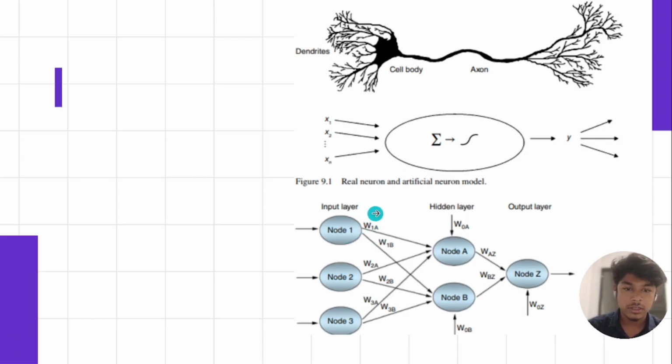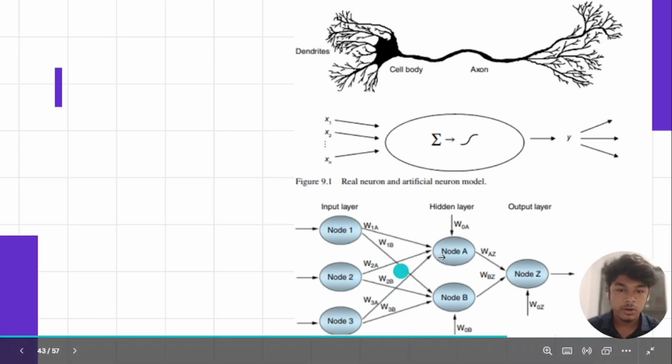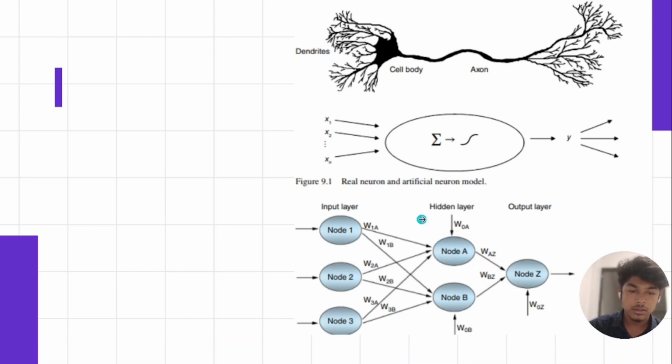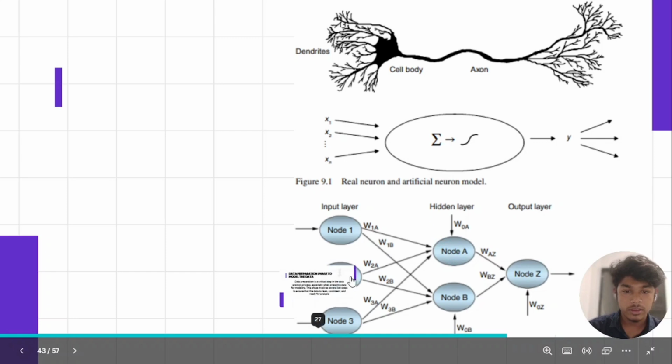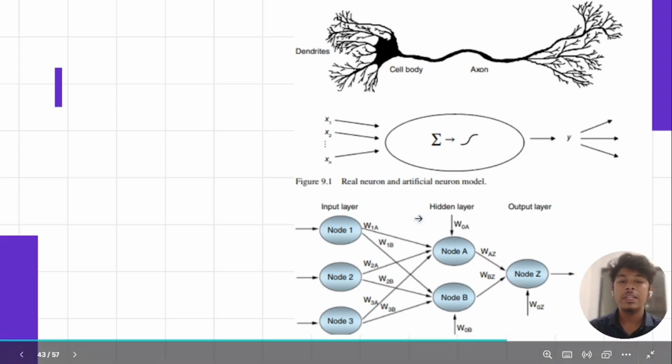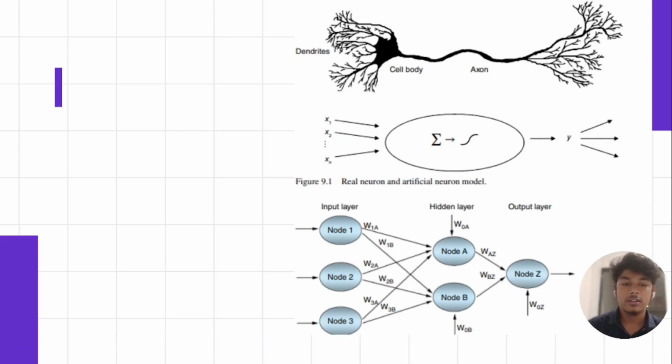So let's say W1A. In this, node 1 is connected to node A, and node 2 is connected to node A also. And node 2 is connected to node B. Similarly, every node is connected to each other.